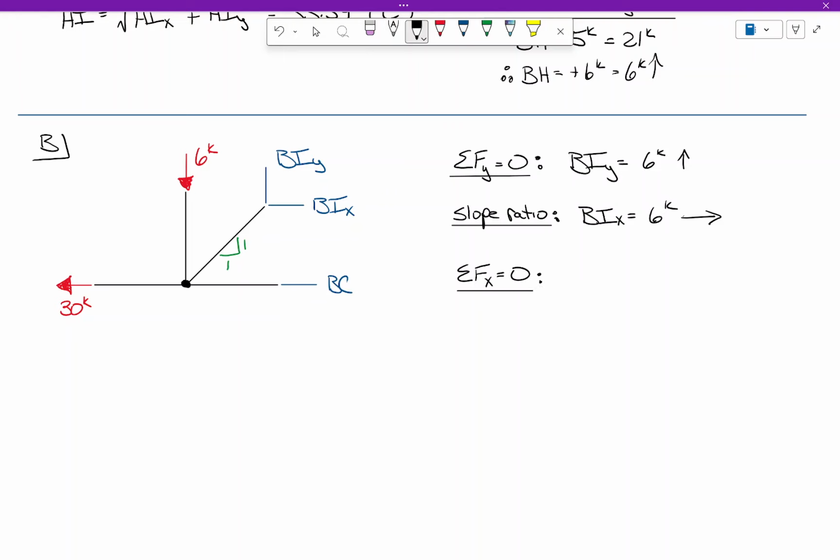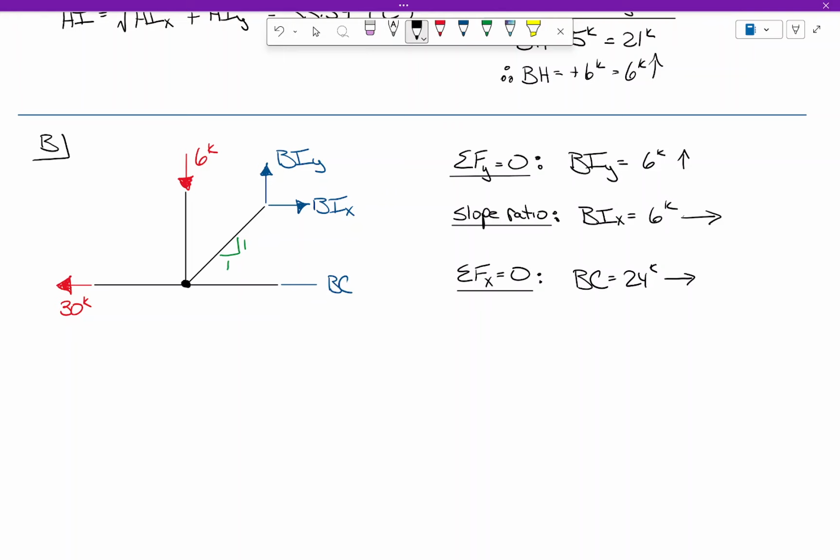What is BC going to be? 24. Okay. So to clarify, let's put our arrows here. We have 30 going to the left. We have 6 going to the right. So you're saying we need 24. And which direction? The right. Everybody in agreement? Good.